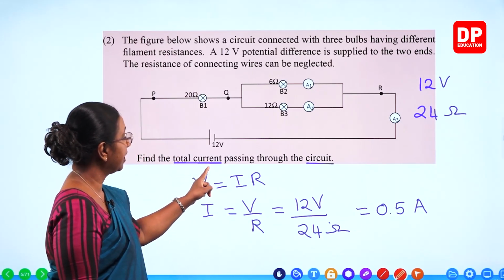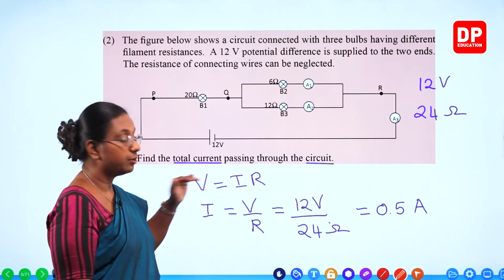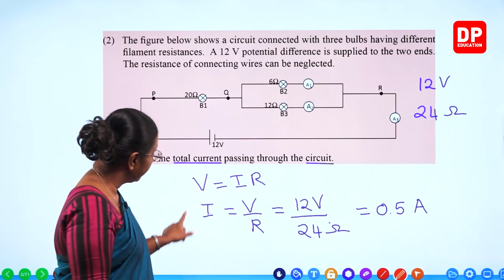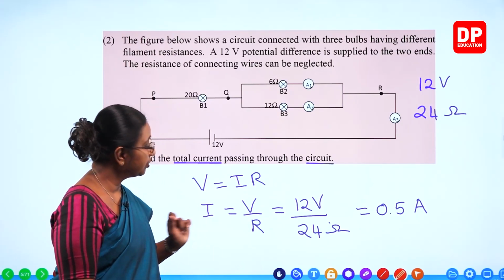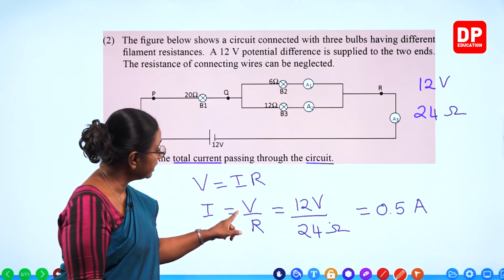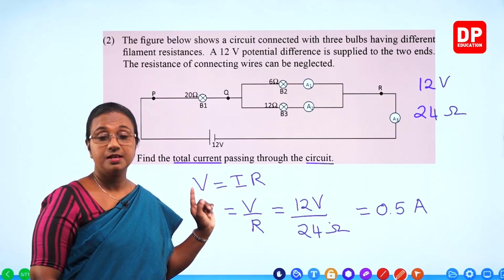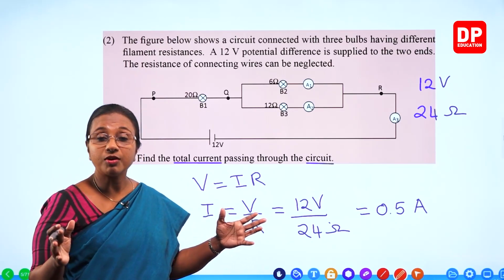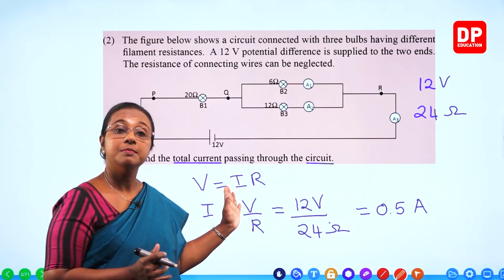So you have to look at the question properly. Find the total current passing through the circuit. You always have to use the equation for Ohm's law. Rearrange it, make I the subject. Then I is equal to V over R. So here potential difference is the total potential difference across the full circuit, supplied to the circuit by the power source.